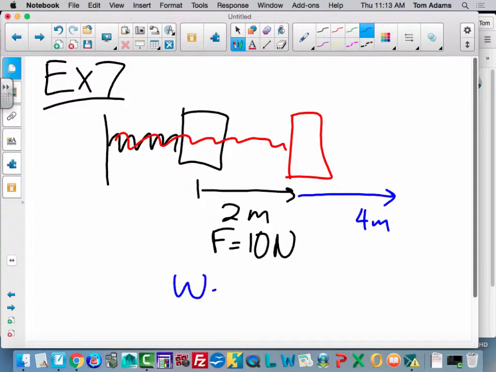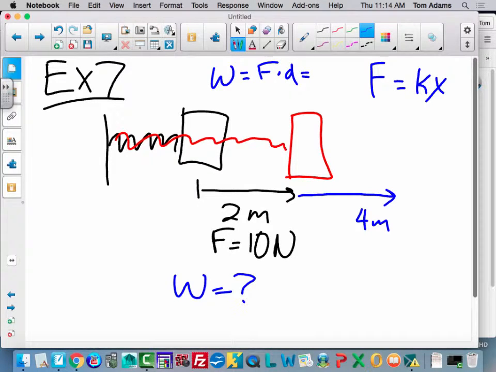So how much work would that be? I will review how we calculate the relationship between work and force. Hooke's law is F equals K times X. And remember that work is equal to the force times the distance.